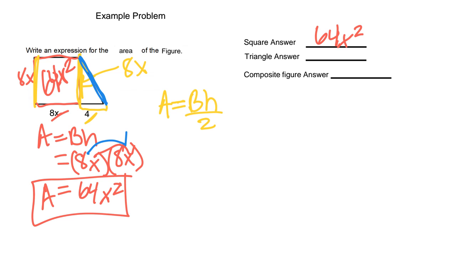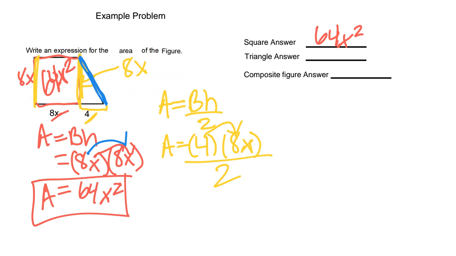Okay, so I'm going to write this as area equals my base, which is 4, times my height, which is 8x, and then I still need to divide by 2. So, kind of like I did in the first one with the square, I'm going to use the distributive property. 4 times 8x.